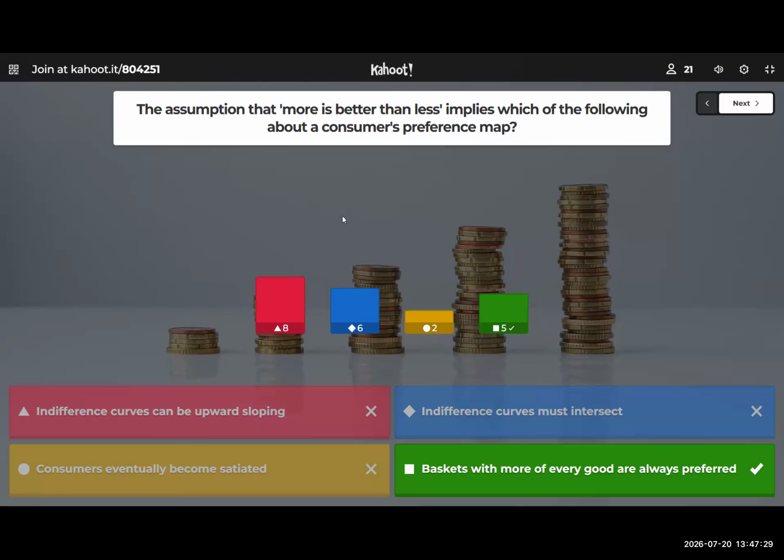More is better than less means baskets with more of every good are always preferred, right? Because for normal goods, more is better.